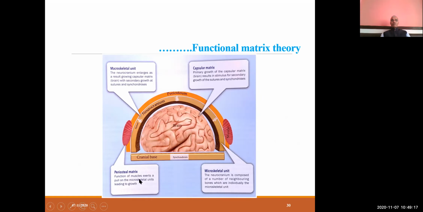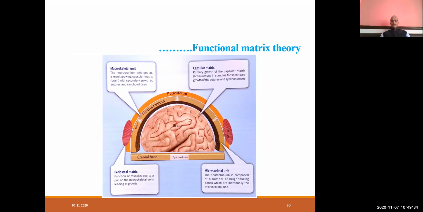Periosteal matrix: the function of muscles which are attached here pulls on the microskeletal units, leading to growth.